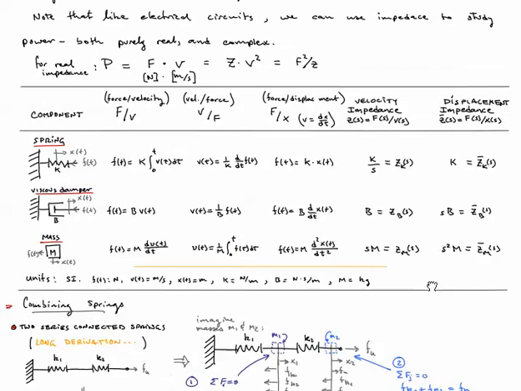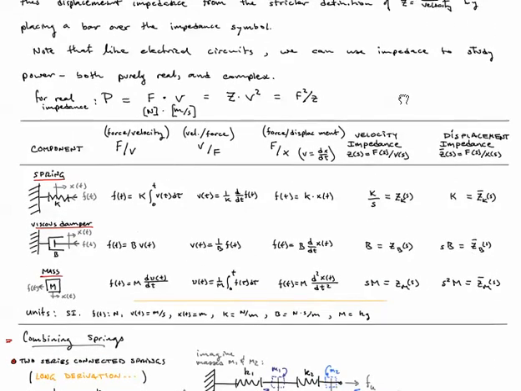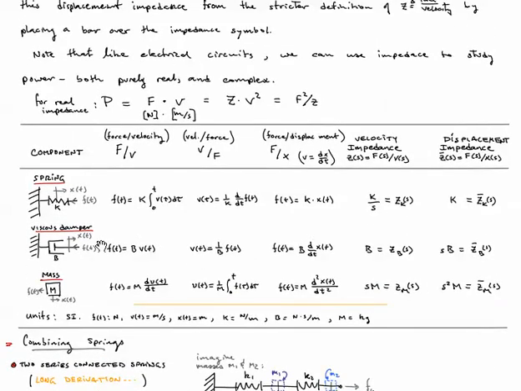Now, what I start off with right from the beginning here, which the book does not do, is, for the spring, for the viscous damper, and for the mass, I have not only the integral or differential form in time, but I also have an impedance definition. So mechanical impedance, the one you'll see me using, is what's called here velocity impedance.